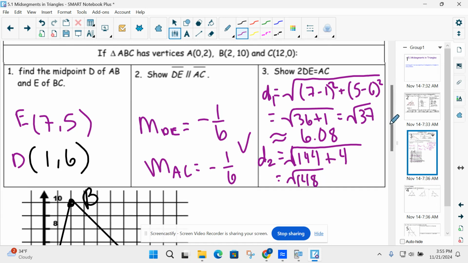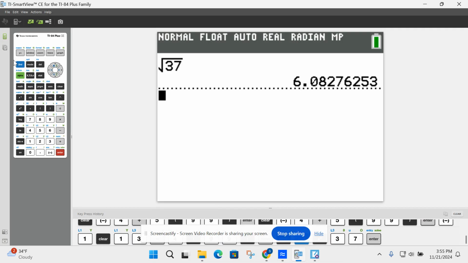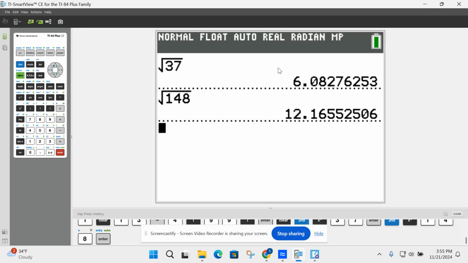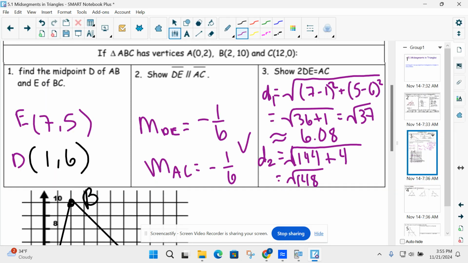Something to keep in mind is, you see how we got the square root of 37 here? 37 is not half of 148, because this is in a square root. Once we get it out of the square root, then they should be: the square root of 148 is 12.16. So if we don't round, we can see that they are the same.